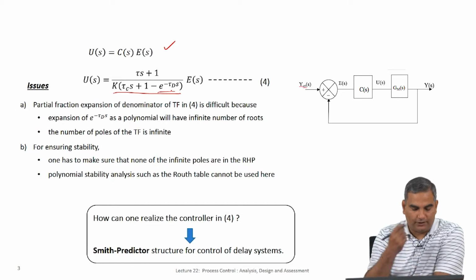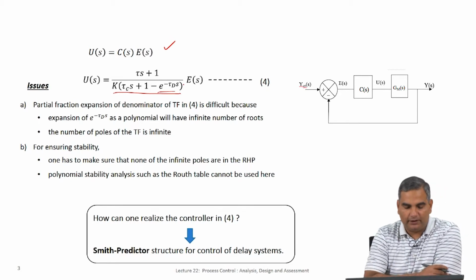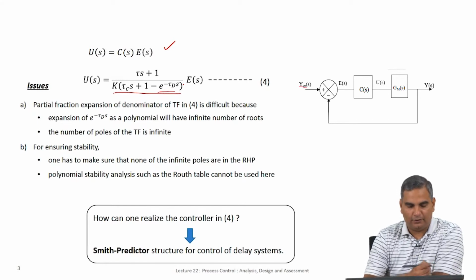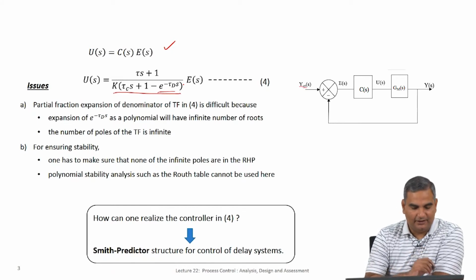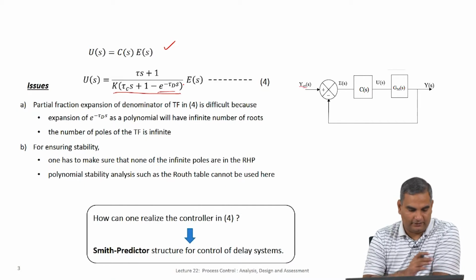If you conceptually think about this without worrying about all the mathematical details, you will notice that I am going to get a denominator polynomial which is going to have infinite roots. So, basically there are going to be infinite terms in the partial fraction, which is going to be a problem. Okay. So, that is problem number 1 when I have this time delay term.